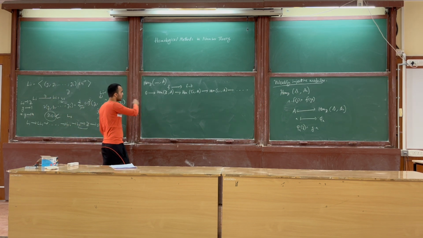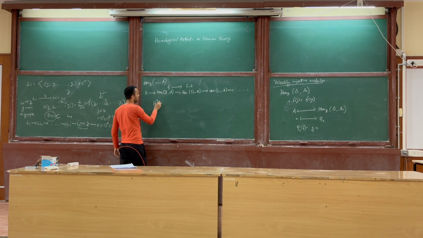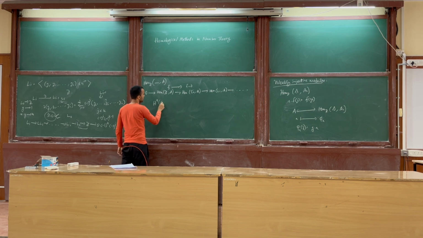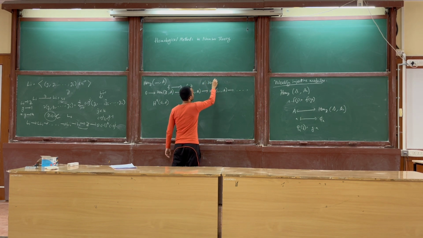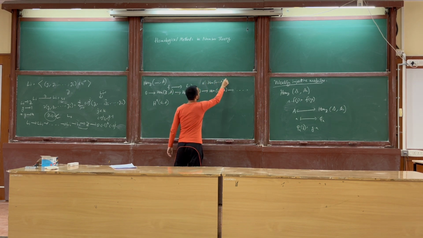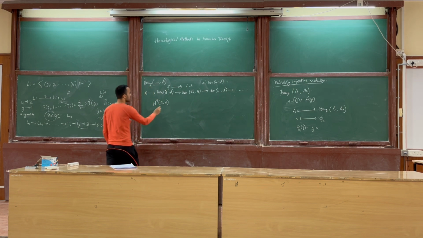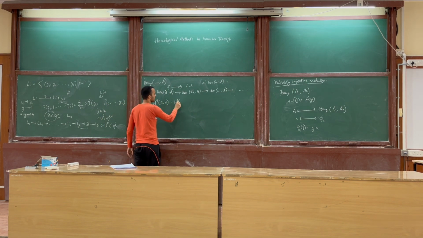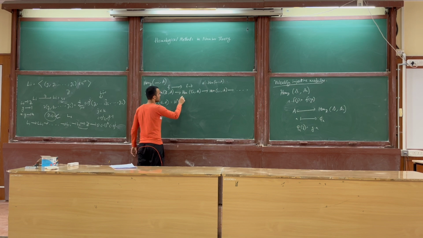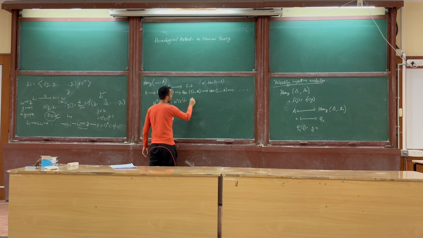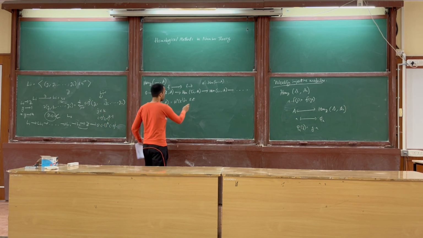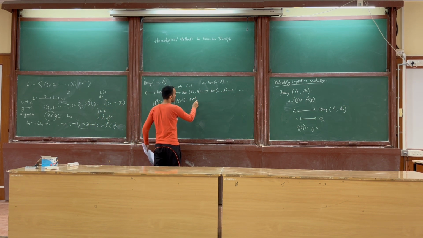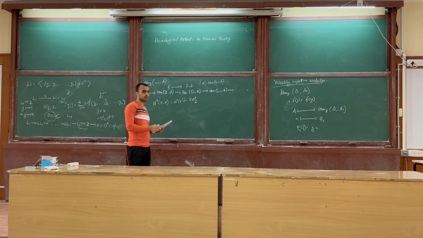This is the basic setup. Now, once you have this, you can define the cohomology groups. It is denoted as this. Yesterday we talked about this Ext and Tor.